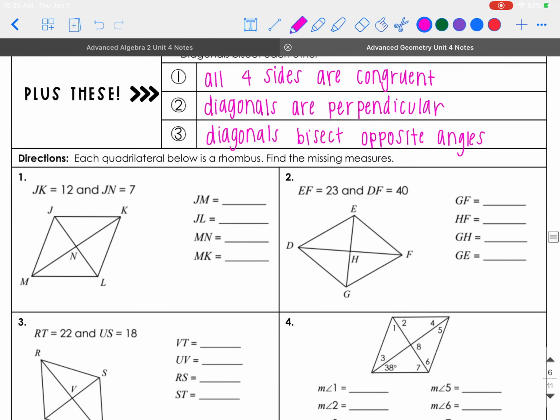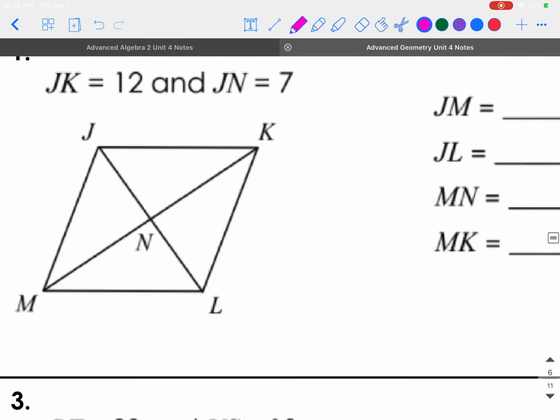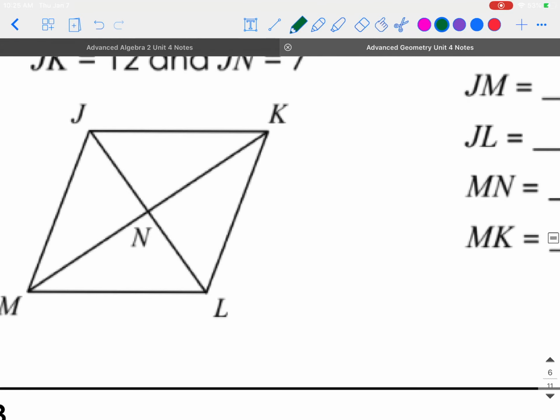Okay. And I'm going to go down to this example 1 and just show you what all of that means. So first of all, because these diagonals cross at 90 degrees, those are all 4 right angles there in the center. And then we know these 2 parts are equal, these 2 parts.